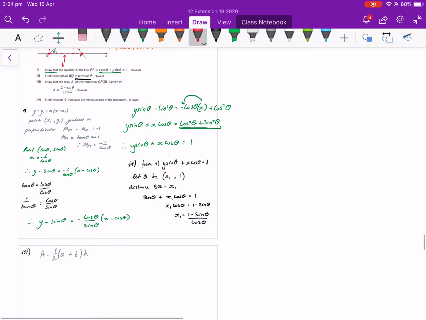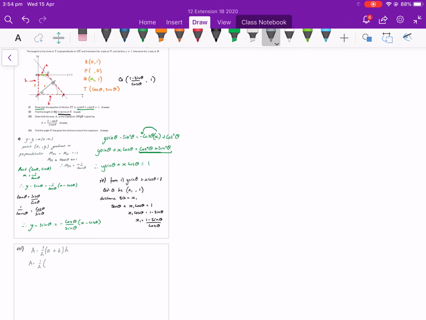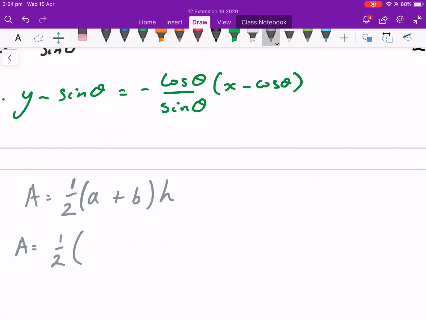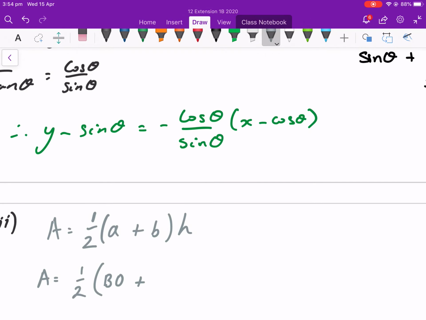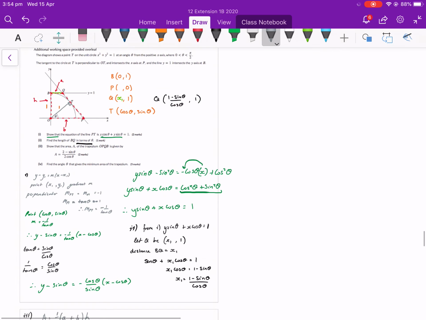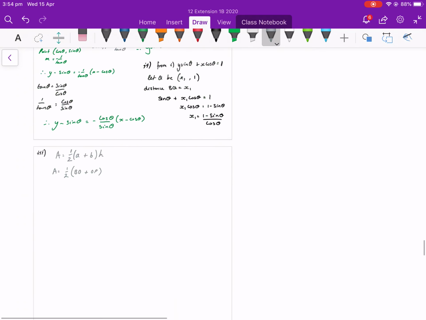Now we can formally write this down first of all. The area is equal to a half times A plus B. Well, A is the length, if we directed it, as BQ, plus OP, times the height, which is O to B. So one sec, sorry, that's BQ.